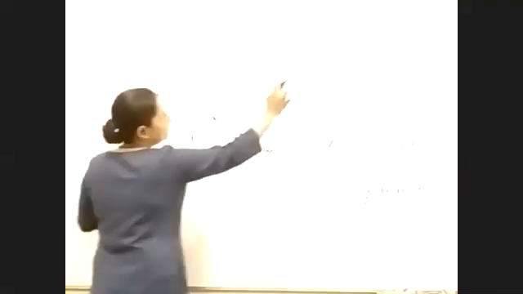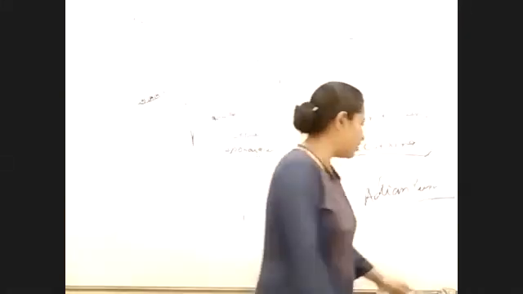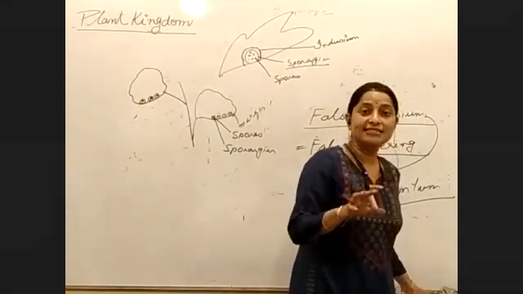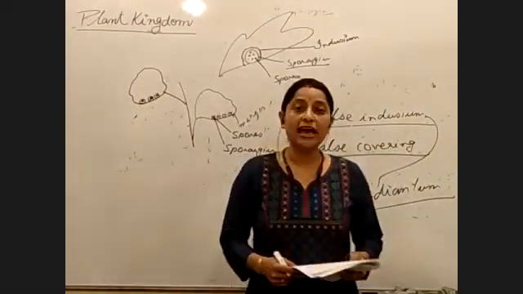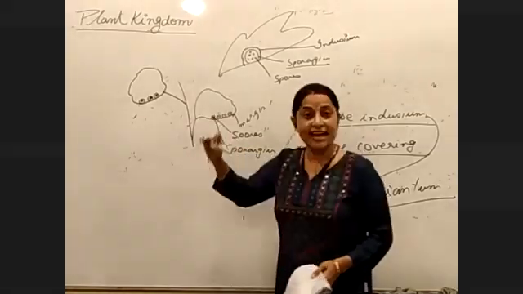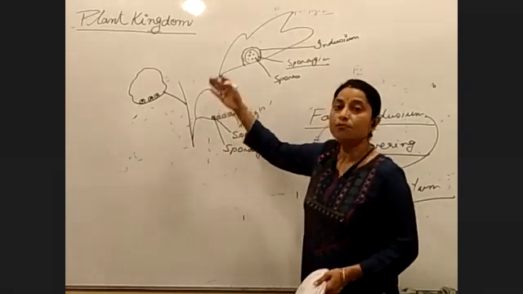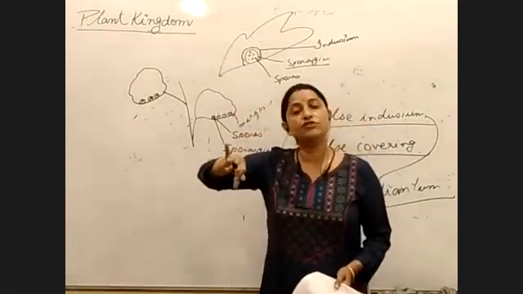Spores. Indusium is absent. Kintu, instead of a proper distinct covering, what happens is when the sporangium are formed, at that time the margin of the leaf curve or bend to give a covering to the sporangium.